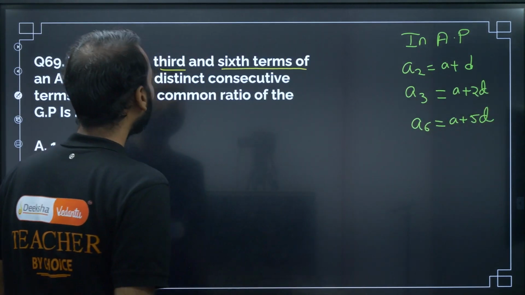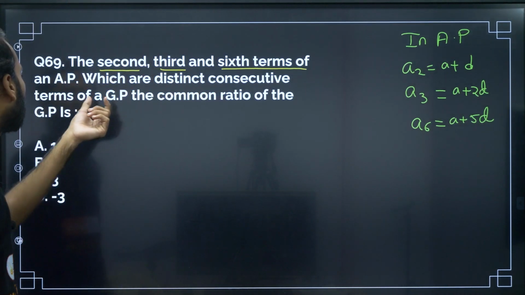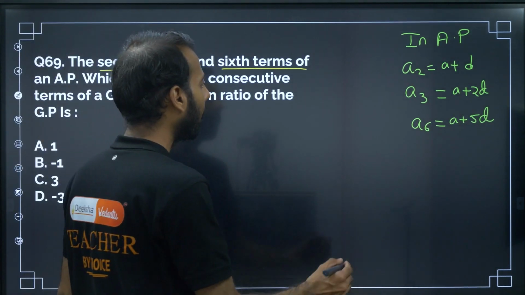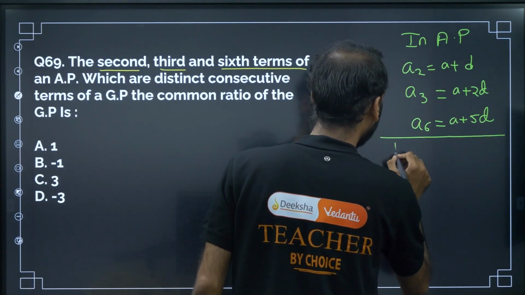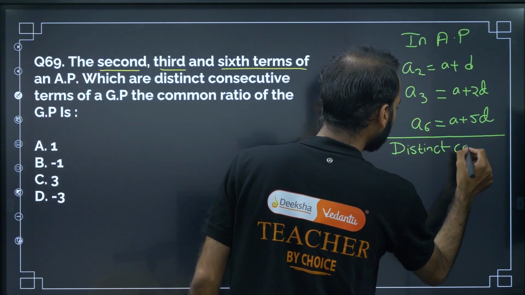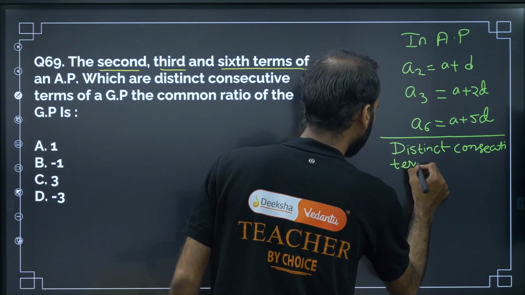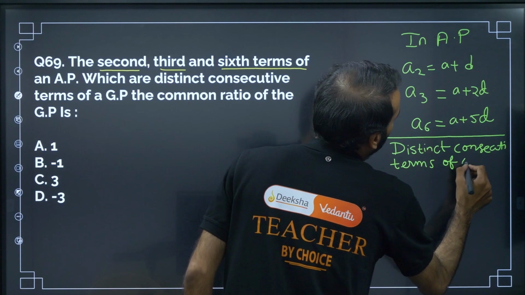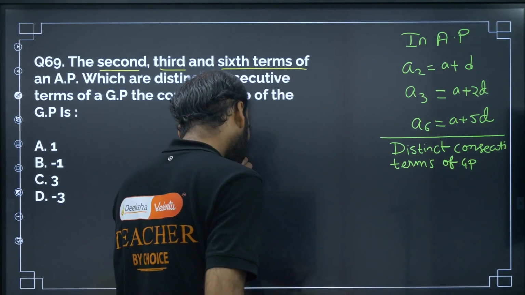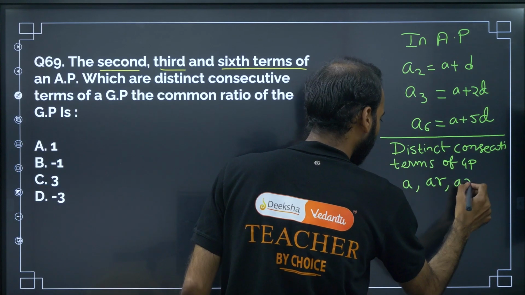Terms of an AP which are distinct are consecutive terms of a GP. Distinct consecutive terms of a GP, generally we take a, ar, ar square.